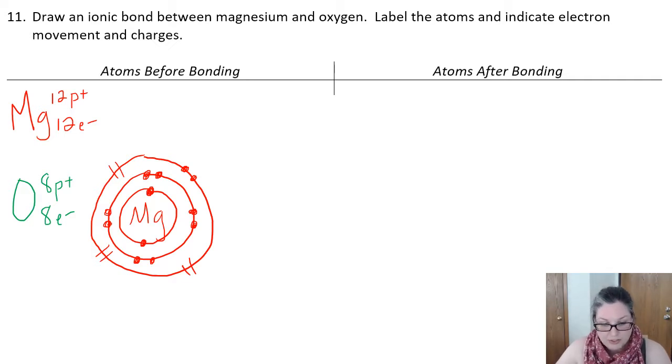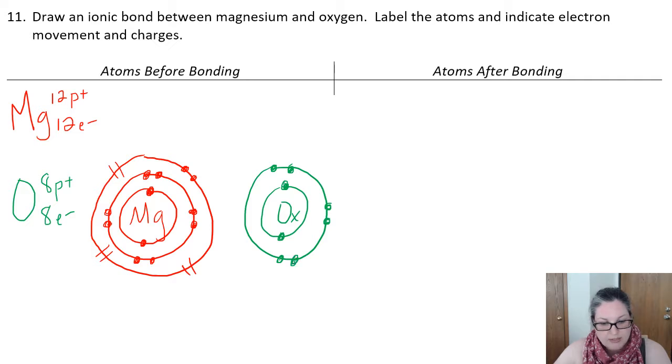If we draw oxygen, oxygen has 8 electrons. So we'll start with 1, 2, 3, 4, 5, 6, 7, and 8 with 2 empty spaces in the outer shell, which can hold a total of 8.